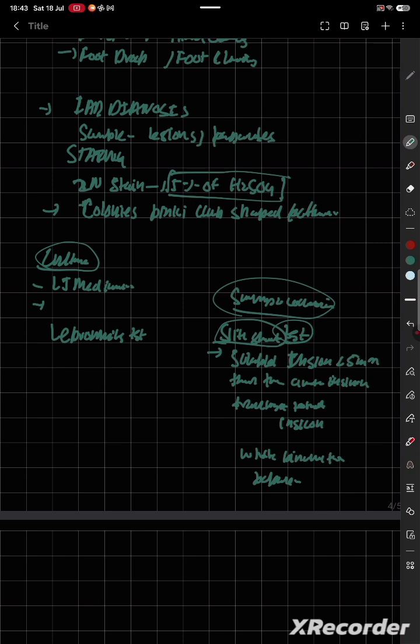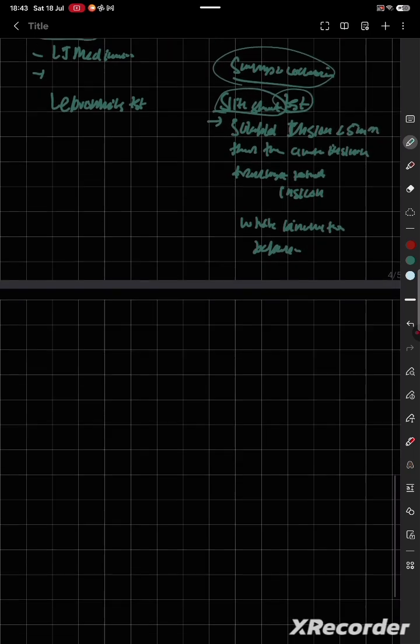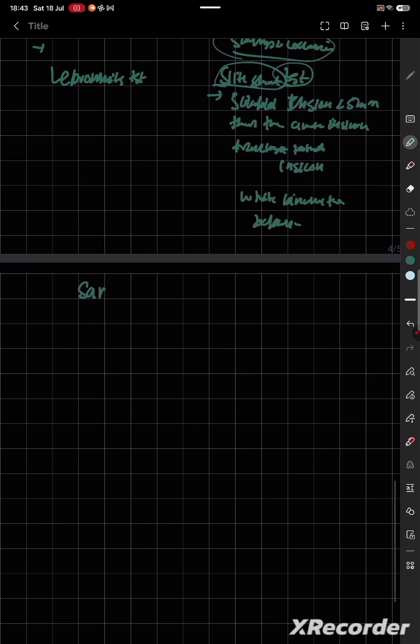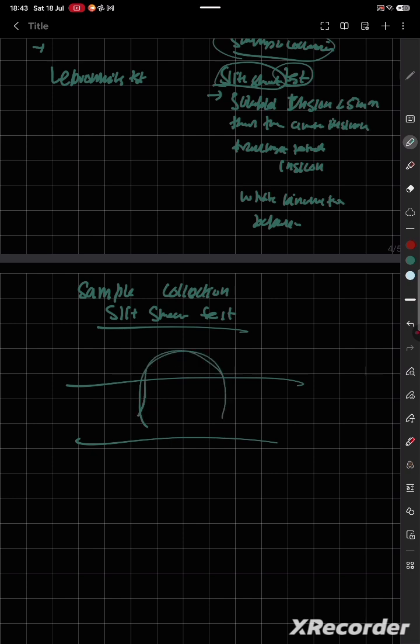I'll explain it one more time. In a leprosy patient there are going to be papules. We take a scalpel, make an incision, and then another incision transverse to this.